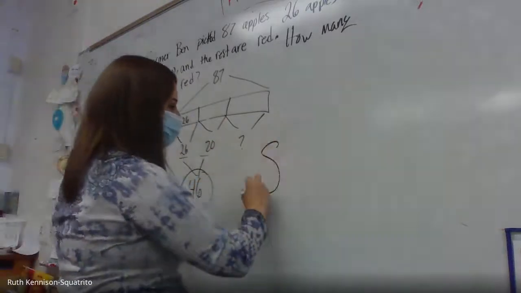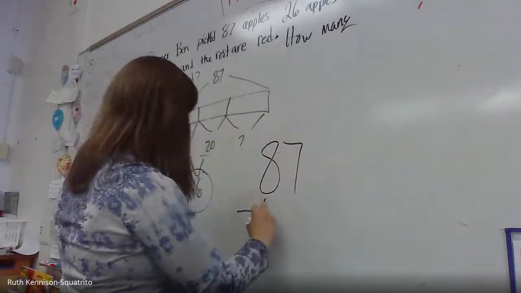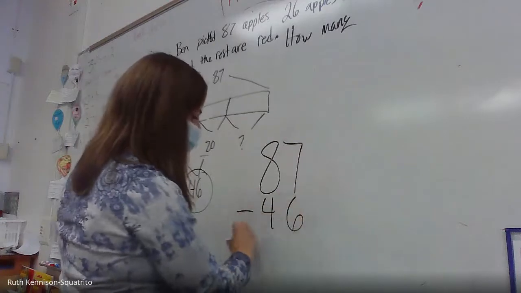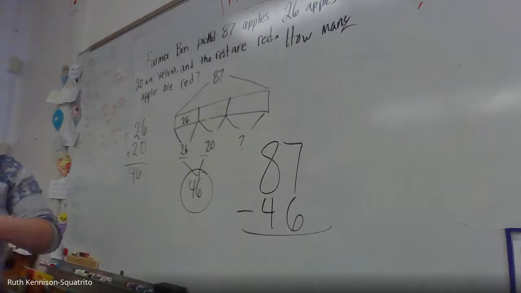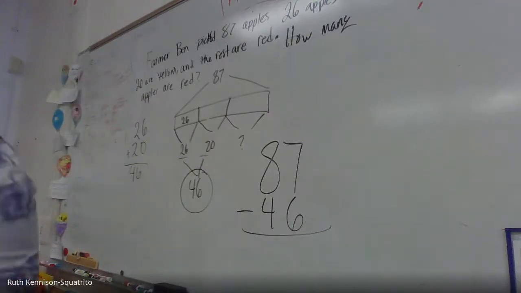We take your 87, you take away the 46 that we know are green and yellow, and that will tell us how many are red. So you guys do that problem very, very quickly. I know you can.